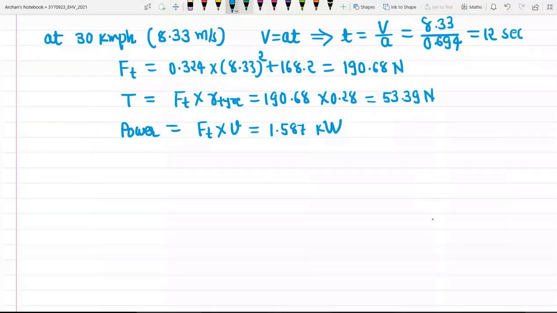Consider the second case at 50 km per hour, which is equal to 13.89 meter per second. Of course, if you calculate, the time required will be equal to 20 seconds.